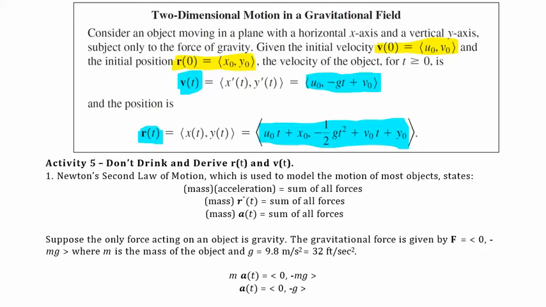All right, so a couple things on this. G here is gravity. It says subject only to the force of gravity up here, but it's not necessarily given. We'll give it down here. Here it is right here. So gravity, that letter g, we have these two values we can use depending on whether we're using meters or feet.